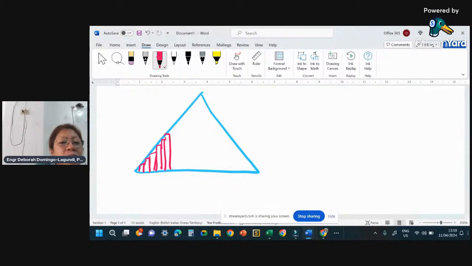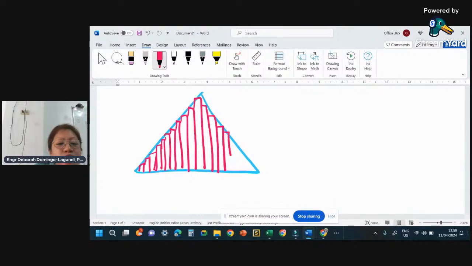Sorry, they are not as perfect. So these are vertical strips. They are like cut vertical strips, and we build them this way to make the triangle.